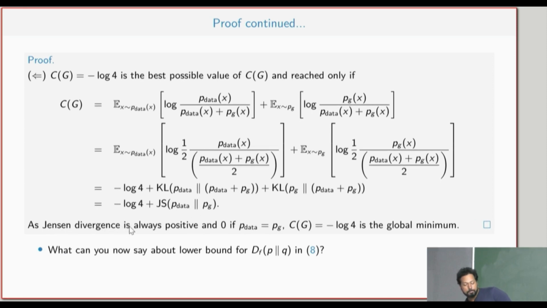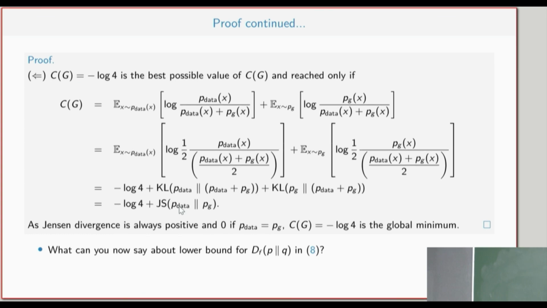Now for the JS divergence we know that it is always non-negative, and 0 if and only if the arguments are the same. So for the JS divergence to be 0, the arguments p data and pg must be the same. You cannot do anything with the minus log 4, that's a constant, and you're trying to minimize this. So your CG is minimized when p data is pg, because that is when the JS divergence is minimized.